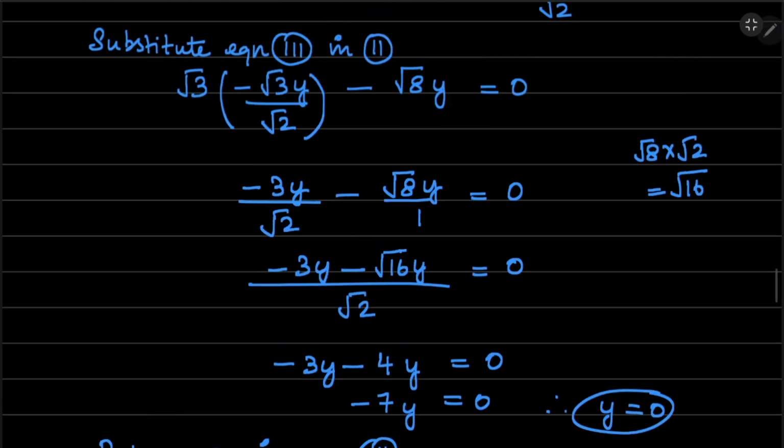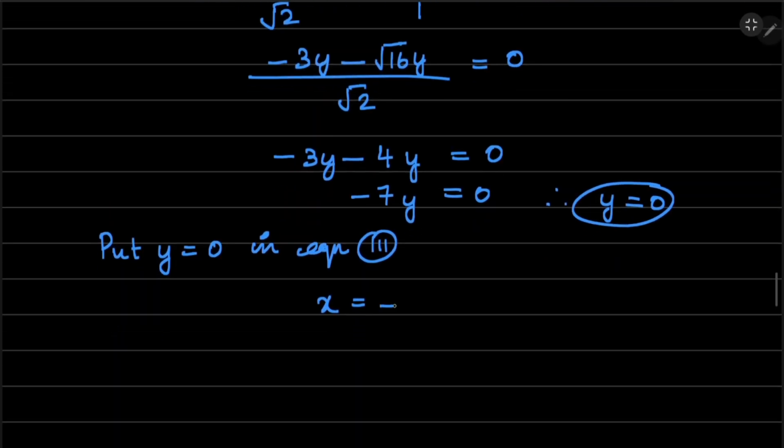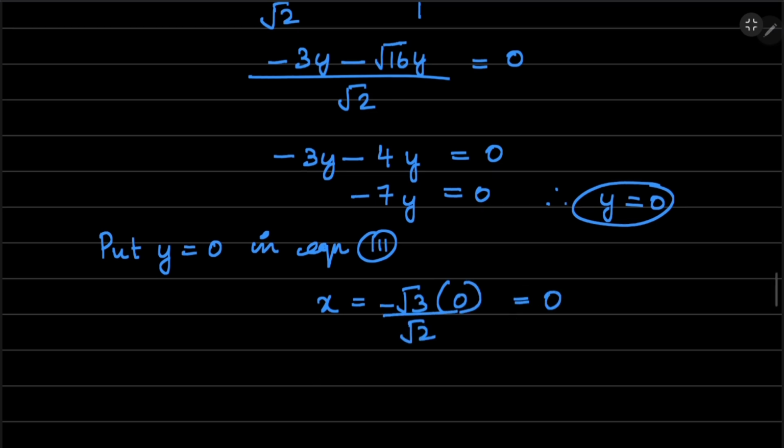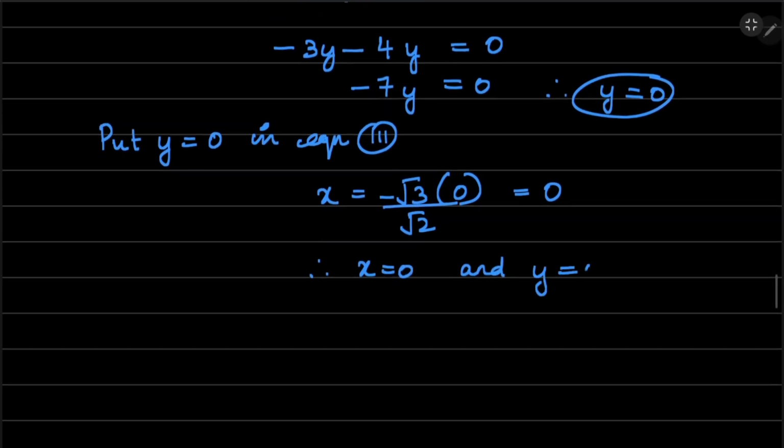So x is equal to minus root 3 into y, which is 0, divided by root 2. Right? So this is also 0. So therefore, you can write x equal to 0 and y equal to 0 is the solution.